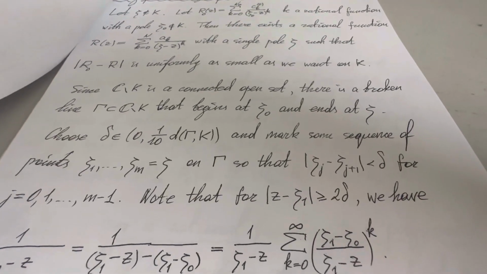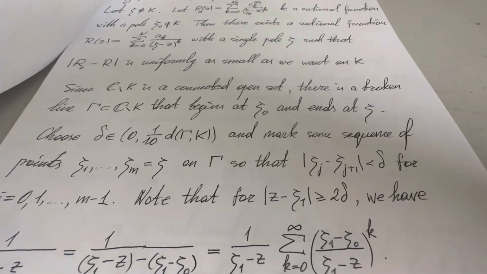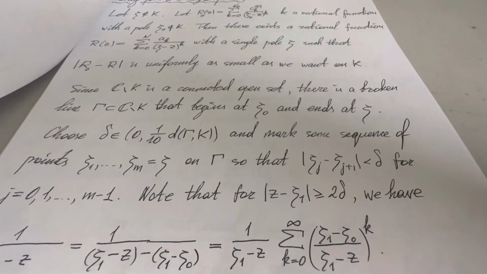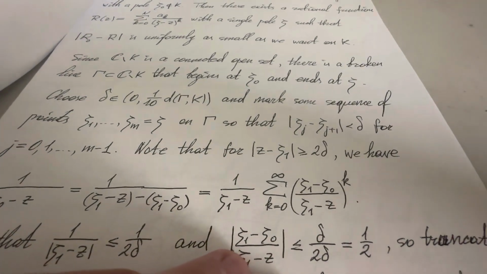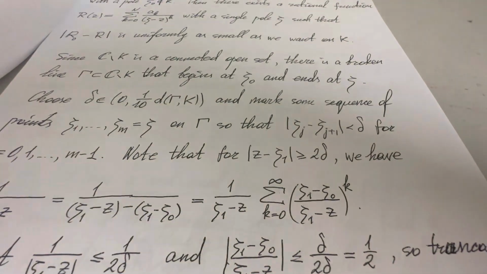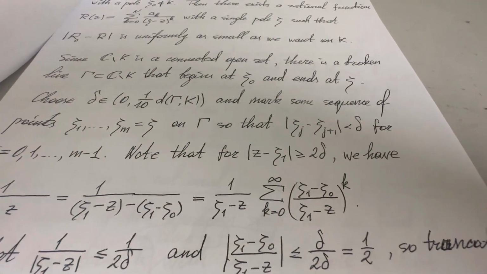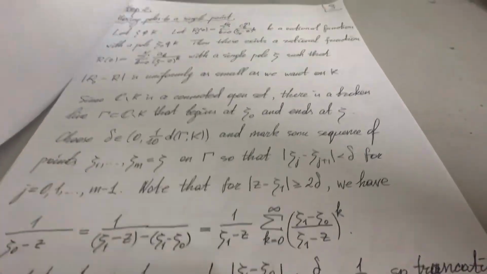Mark some sequence of points on gamma so that the distance between any two consecutive points is less than delta. So notice that z, the distance between z and zeta 1 is at least 2 times delta. Okay, I don't even know what z is now. Where is z?